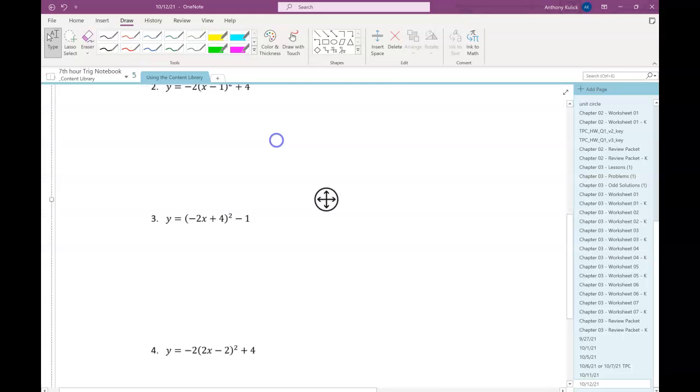So here, we're told that our parent function is x squared. So any transformation of that is going to look like this.